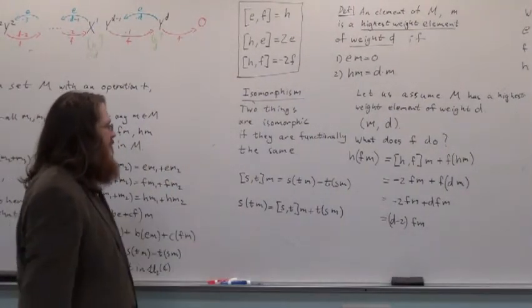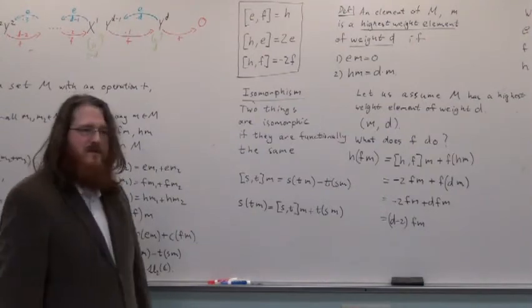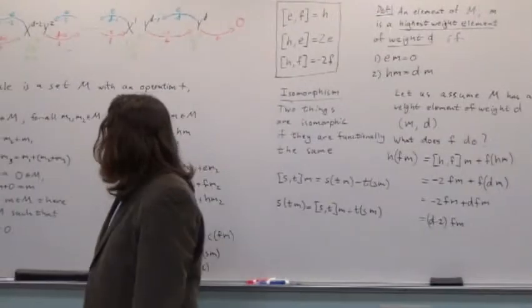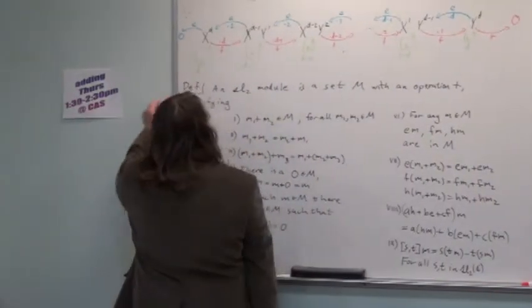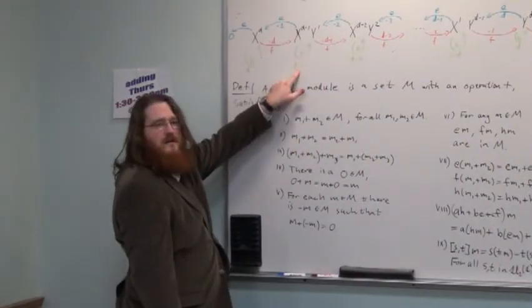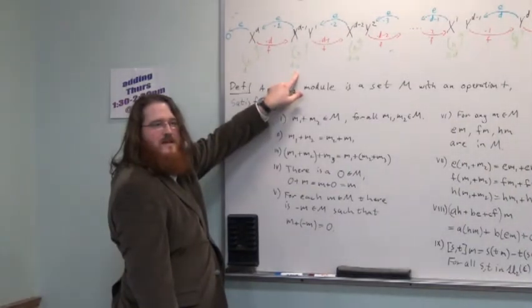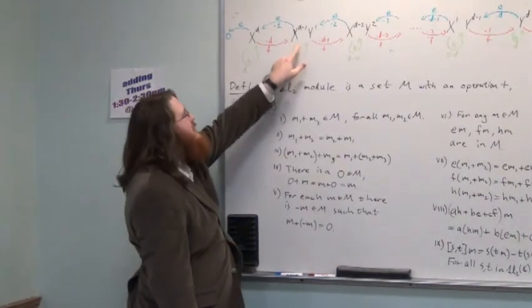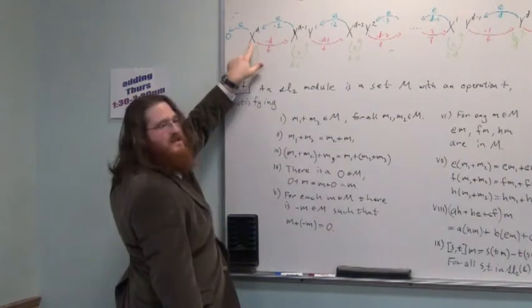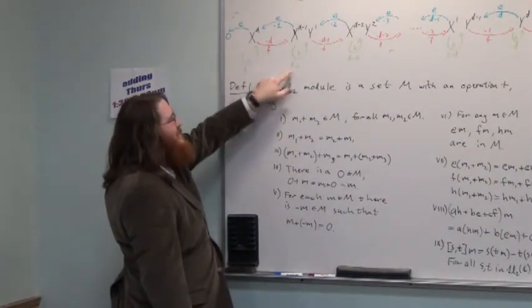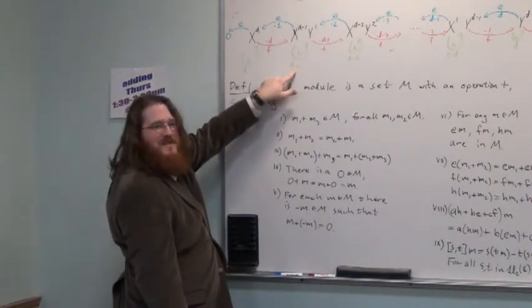Well, it means that H acts on F of M by a multiple of D minus 2. That's exactly what it did here. Because this is F on that, and H acts by a multiple of D minus 2.